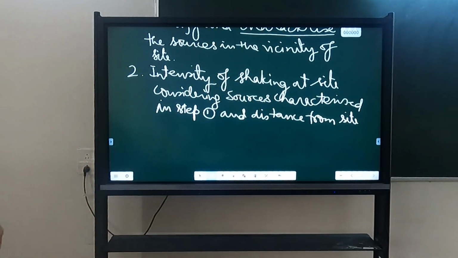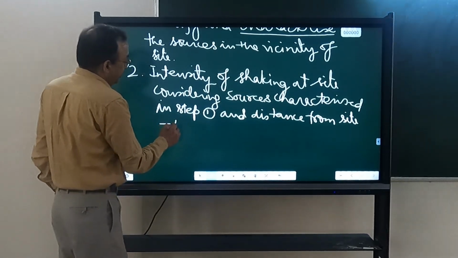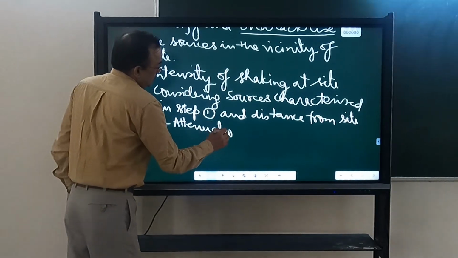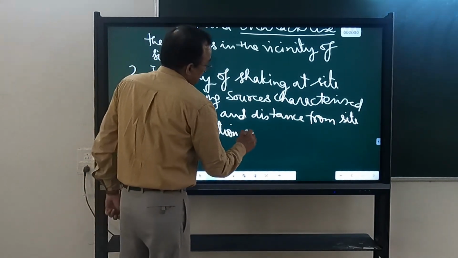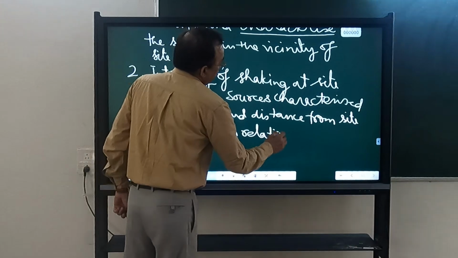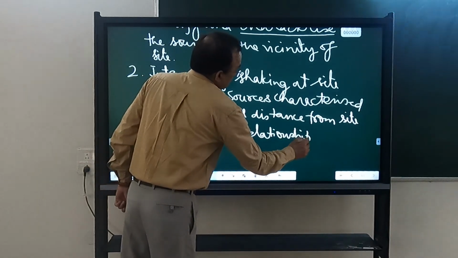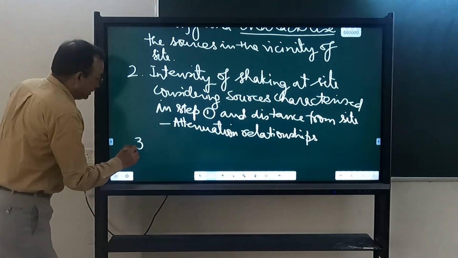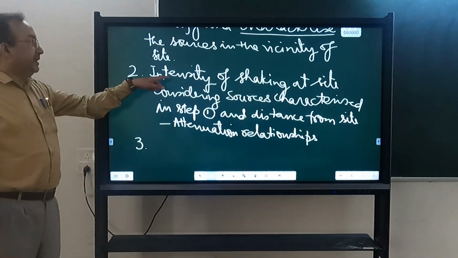For this purpose, we will need attenuation relationships or predictive relationships. I will talk about these relationships today. So I can calculate intensity.